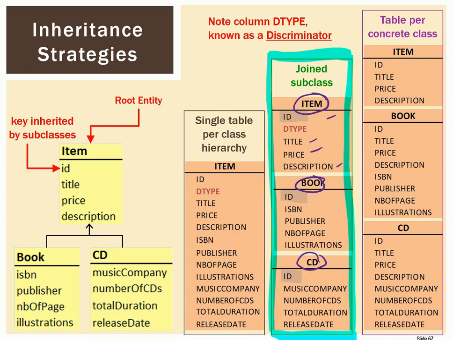In the joined subclass model, the superclass table, the item table, can have its primary key ID be auto-incremented. But none of the subclasses can use that strategy. The subclass has to match the superclass's ID, so the primary keys for book and CD and any other subclasses cannot be set to be auto-incremented.